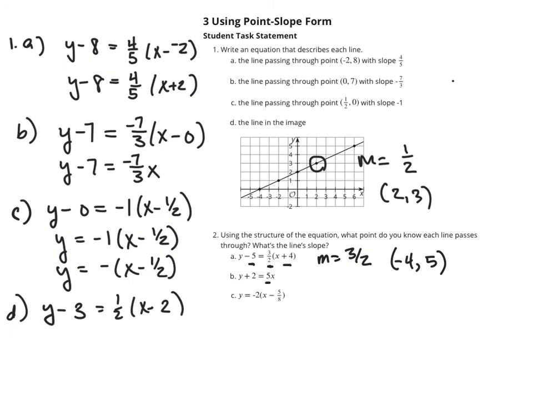Here, my slope is 5. My x value is not there, so it's a 0, and my y value is a negative 2. Okay, my slope is negative 2. My y value is missing. My x value is there, so I've got a positive 5/8 and a 0. Easy peasy, right? That was a little bit better than the last lesson, but still really important information.